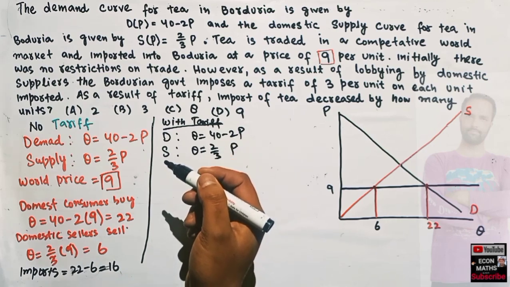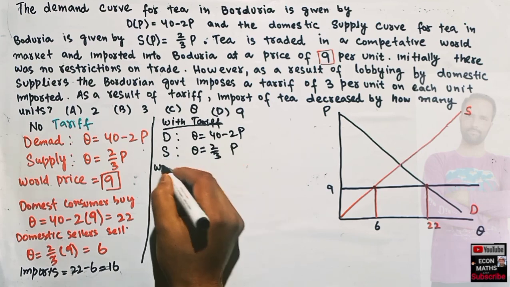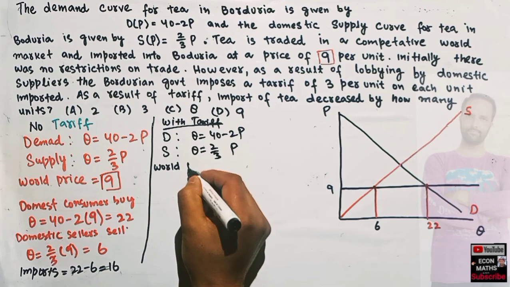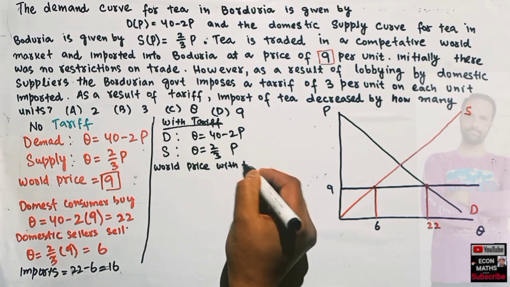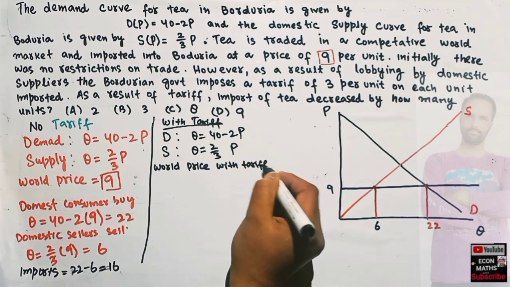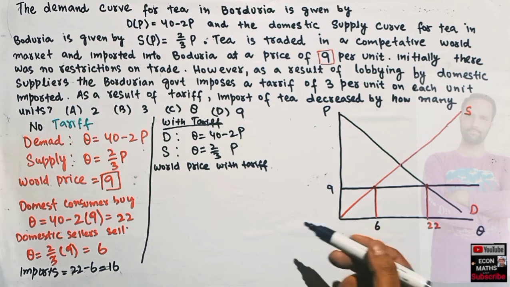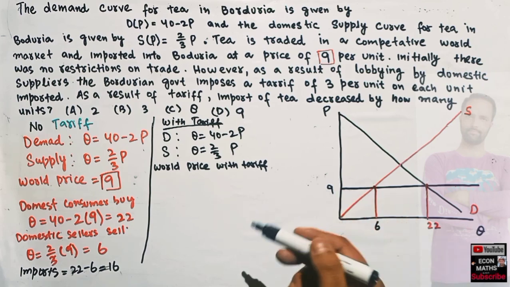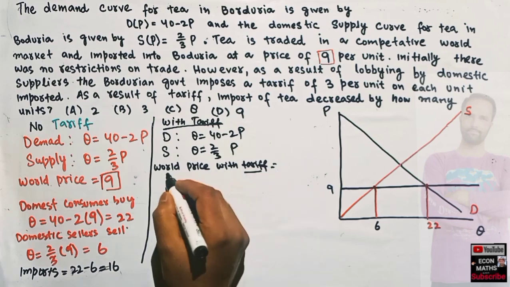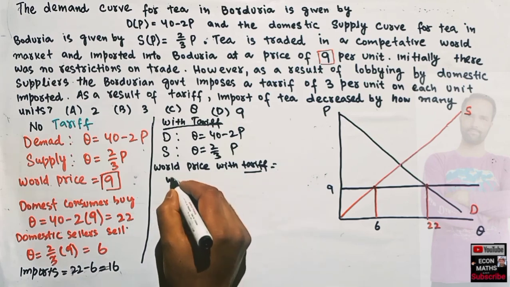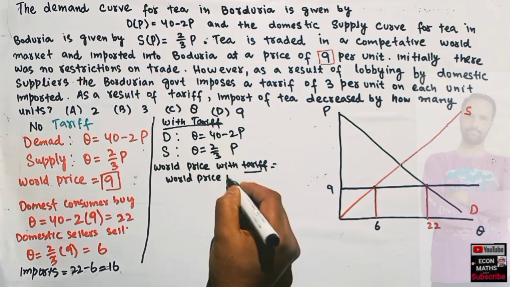Now, world price with tariff. Obviously if a tariff is imposed, the world price will increase by the amount of the tariff. So world price will be equal to world price plus tariff.